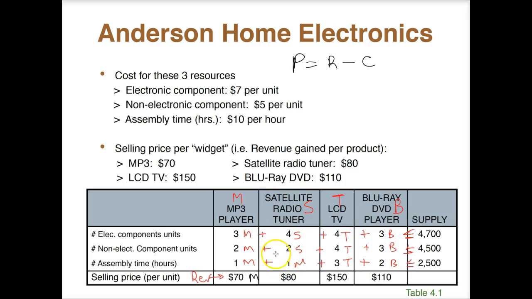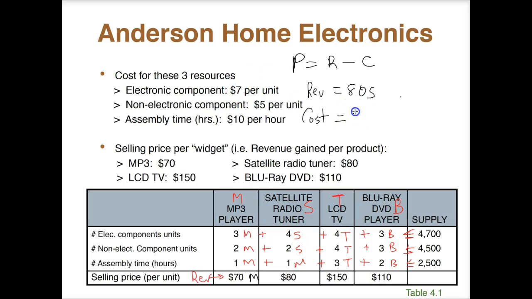And for the satellite radio tuner, we know that revenue in itself is going to be 80 times the number of satellite radio tuners that we make. So here, I should have put an S there instead of an M. Okay, and for the cost, we know that is going to be 4 electronic components at $7 a piece.